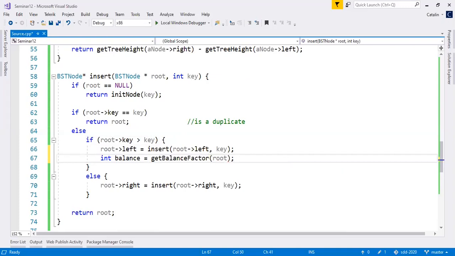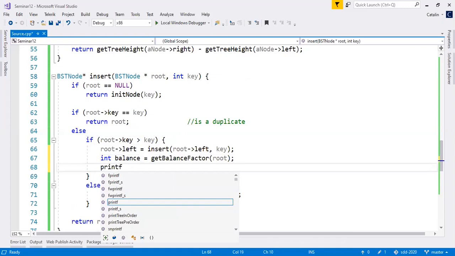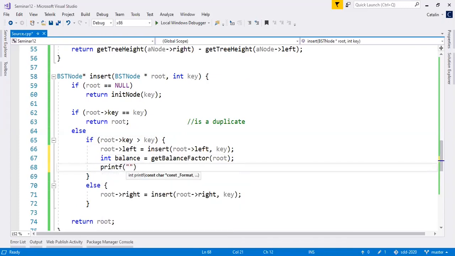Okay, and let's print this one. Printf the balance factor for %d is %d.